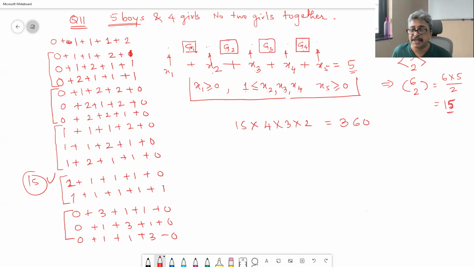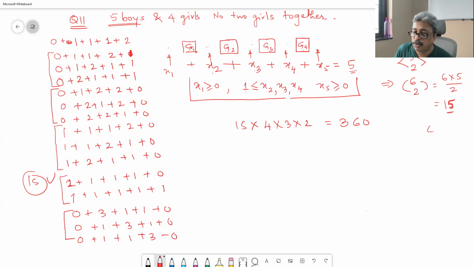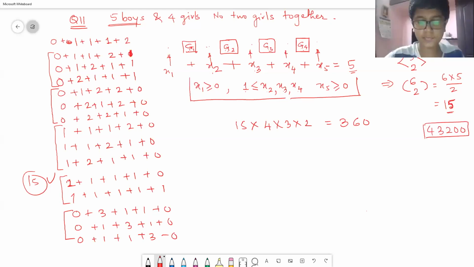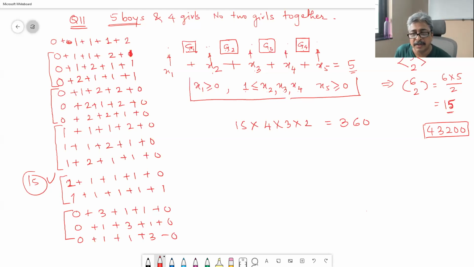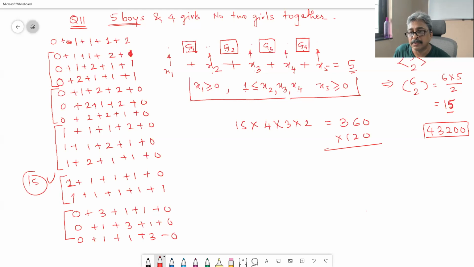Now boys, how many boys are there? 5. What was our answer? 43200, right? That was our answer. So if we multiply, what is 5 factorial? 120. Into 120.